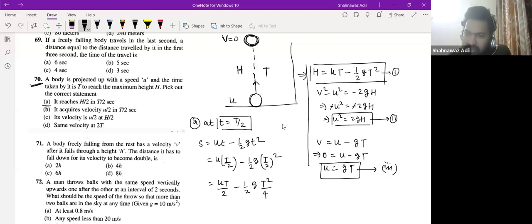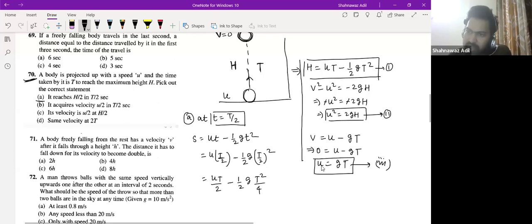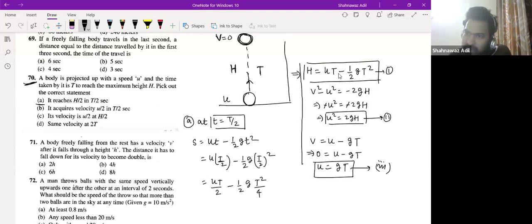And we know what u is. So we can put the u value, and that is gt.